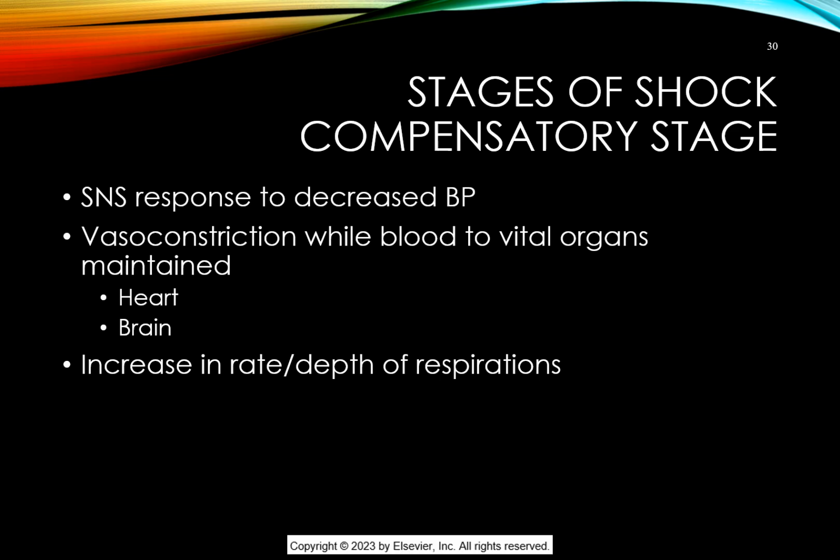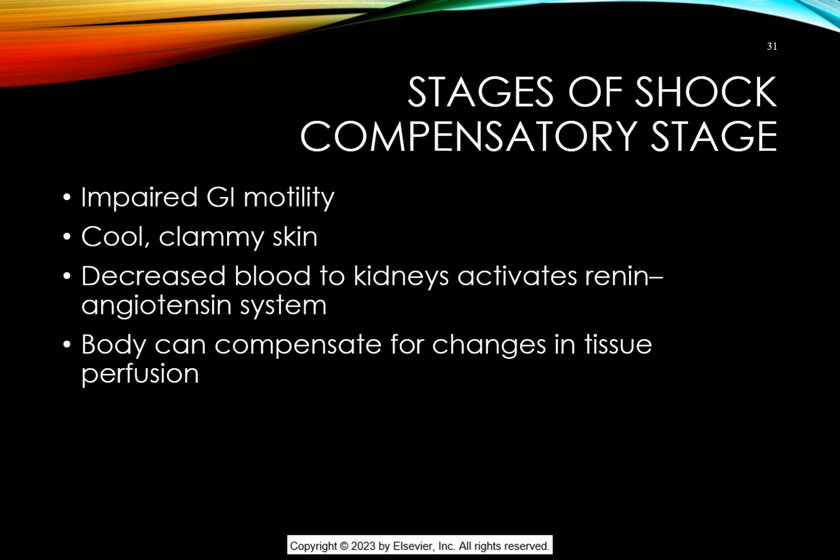Our drop in blood pressure is really going to be a classic sign due to our decreased cardiac output and pulse pressure that we're seeing here. We're going to have an increase in rate and depth of respirations. We're also going to see dead space in the lungs. So when the patient does take a deep breath, all of that air is not going to be able to take part in our gas exchange, therefore even causing more of a downward spiral.